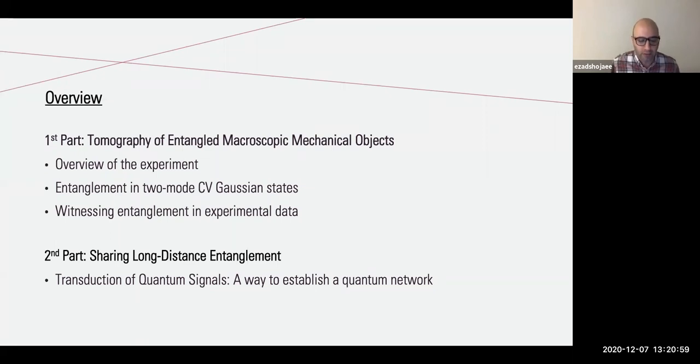I would first talk about entangling two macroscopic mechanical objects, which would be the first time that it's been done in the literature on the macroscopic level, and directly. I would talk about these terms later more. And in the second half, I would lay the grounds on sharing entanglement at far distances and tell you about what our proposal is to do so.